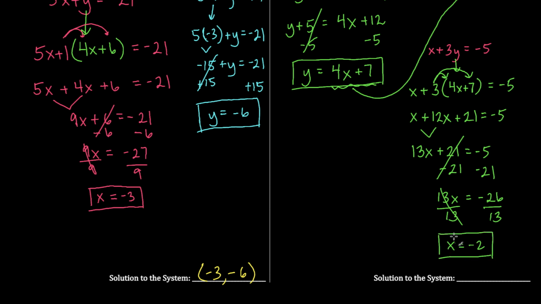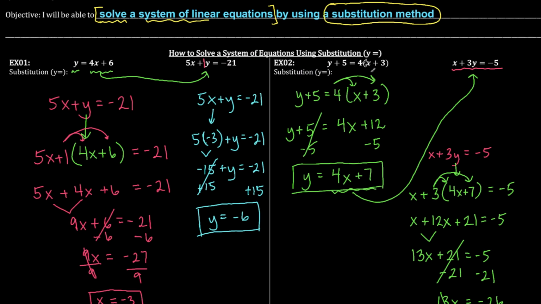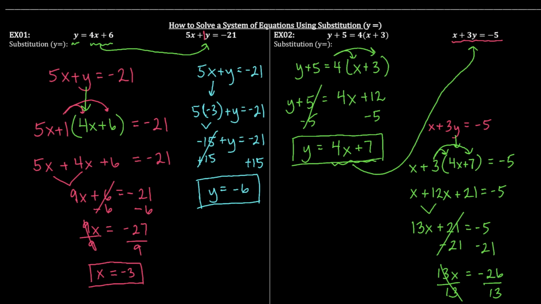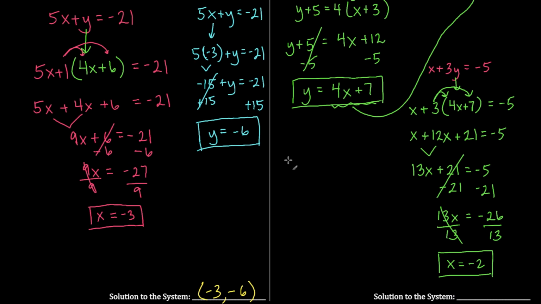All right, cool. Now remember, we need to plug this x into one of these equations. I'll show you that we can even do it here, okay? I'm just going to change the color because I don't want so much green, so you can differentiate each part of it. So I need to write this. So y plus 5 equals 4 times x plus 3.